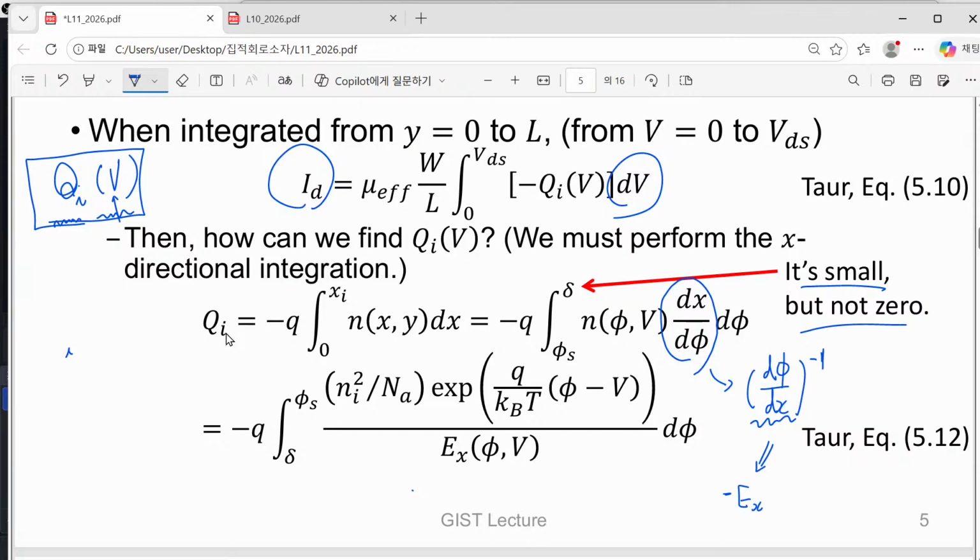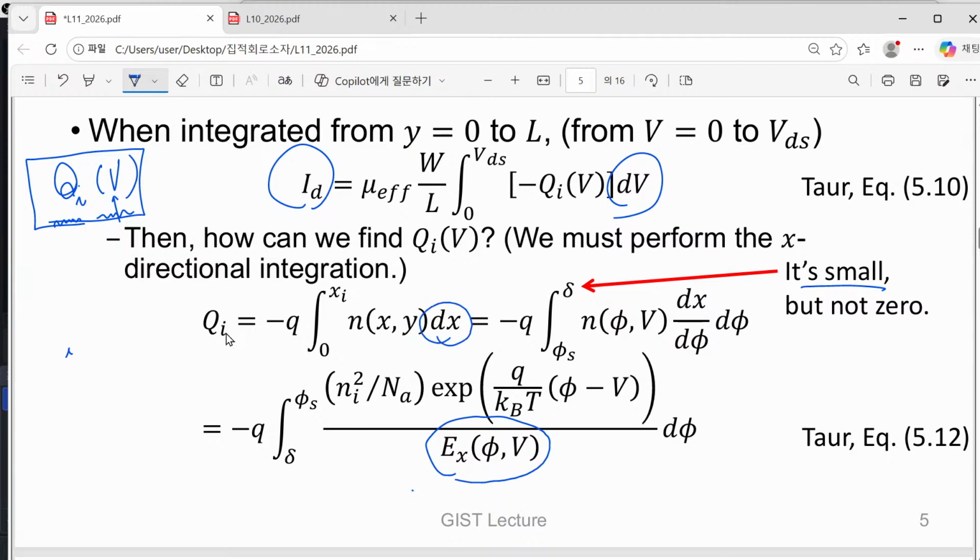Now we have this quite complicated form, but simply speaking, why do we have this strange inverse of the x directional electric field? It is only because our original integration was an x directional integration, but we made it a dphi integration.